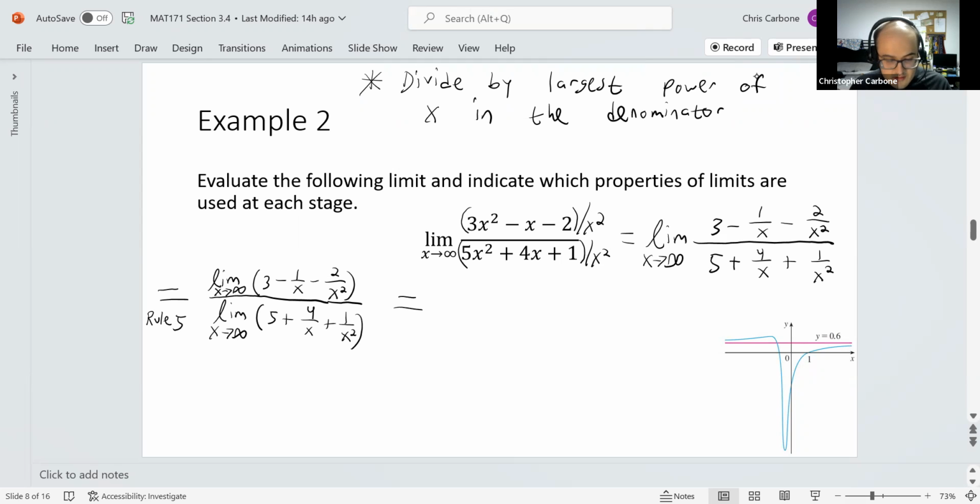And by those limit rules numbers 1, 2, and 3, we could break this up even further to find the following.